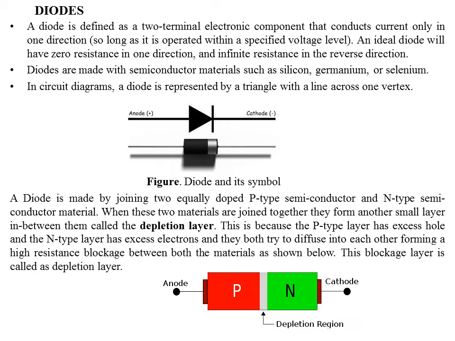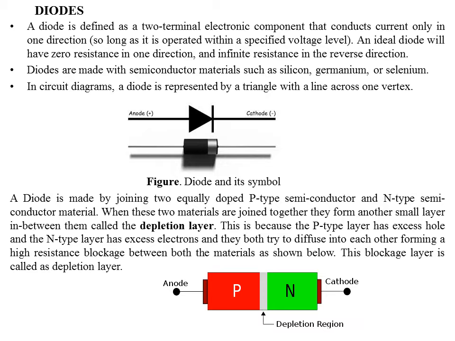In this condition, the positive voltage will pump more holes into the p region and the negative voltage will pump more electrons into the n region. Due to this, the depletion layer will break down, causing the current to flow from anode to cathode.